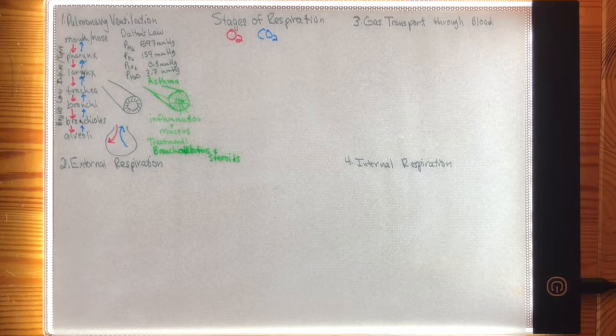So 760 millimeters of mercury is the equivalent of 1 atmosphere, which is the pressure of the air at sea level. So again, Dalton's law of partial pressures is that the partial pressure of each of the gases in a particular area adds up to the total air pressure in that region.